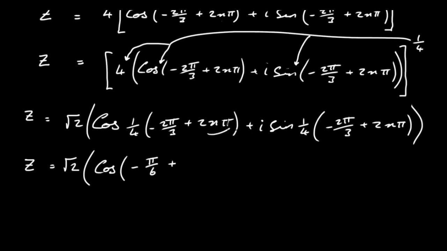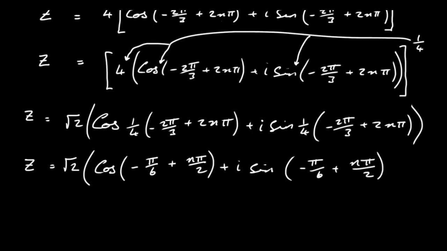When we multiply the other part, we've got plus 2n pi over 4. 2 over 4 is just 1 over 2, so it's n pi over 2, plus i sine. Again, we should end up with the same thing here: minus pi over 6 plus n pi over 2.